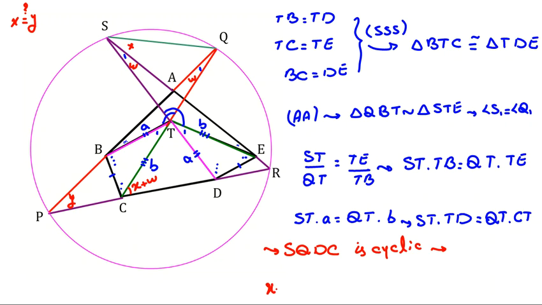So X plus W, in triangle QPC, the exterior angle X plus W equals the sum of the two non-adjacent angles of the triangle, W plus Y. So from this we conclude that X equals Y. And here, by the second rule, because X equals Y, SQRP is cyclic.